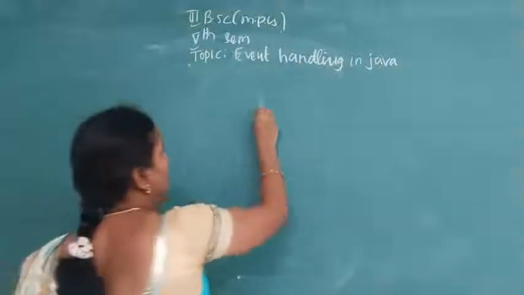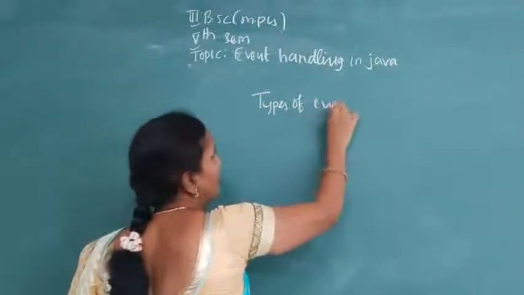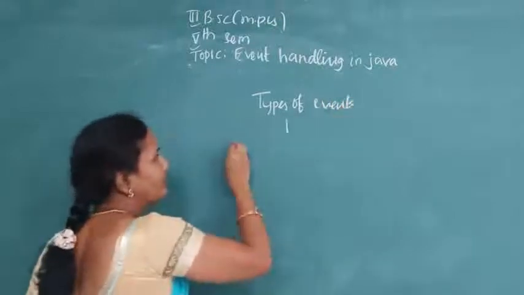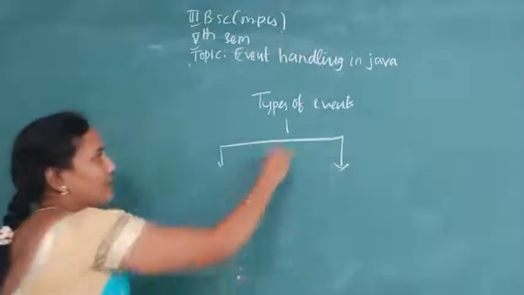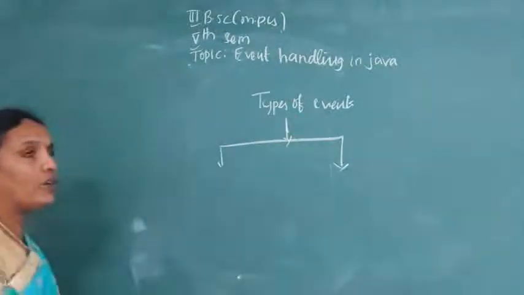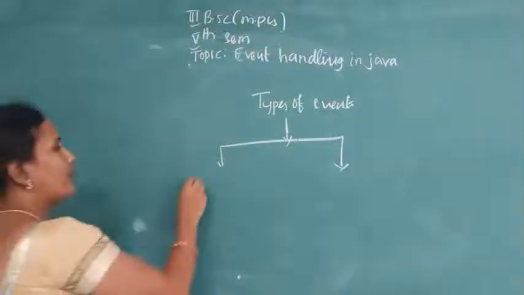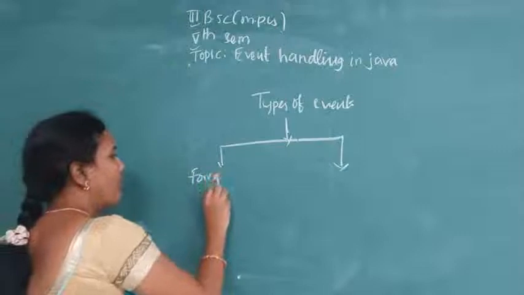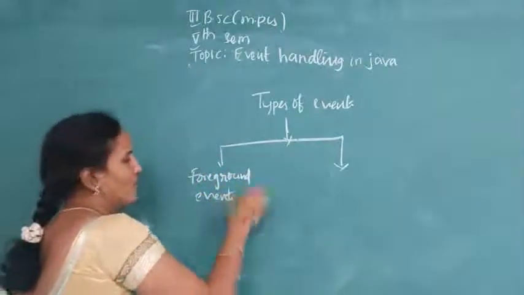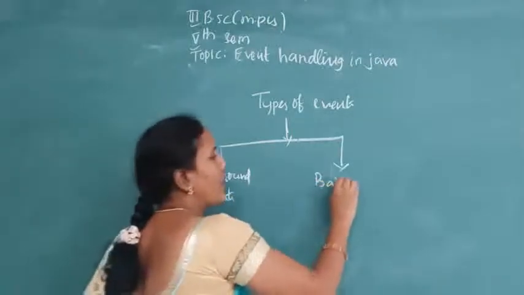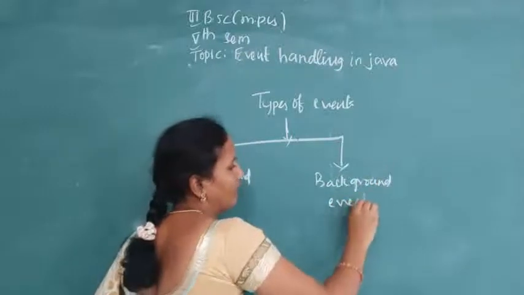And types of events. There are two types of events. One is foreground events, and the second one is background events.